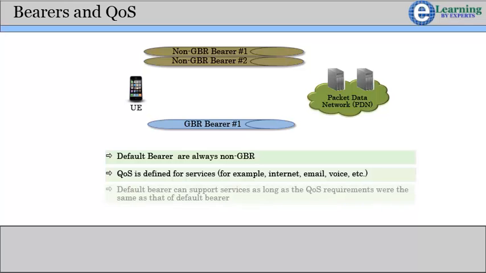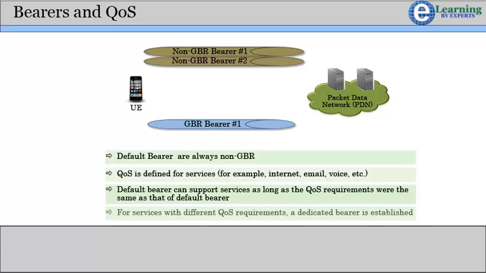If we establish a default bearer for internet and want to add email service, we could add it to the same default bearer as long as the QoS requirements were the same. On the other hand, if we have a service like voice with different QoS requirements, we will establish a dedicated bearer to support the voice service.